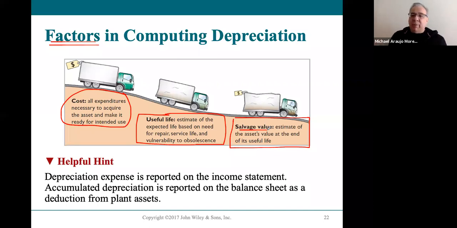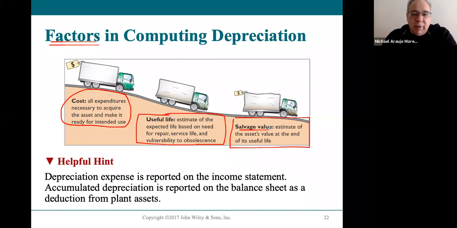The truck, for example, will have some type of salvage value. You know that because there's a lot of former police cars that are being driven by people. People will buy a former police car and drive it around as their personal car after the police are done driving it into the ground. So clearly that asset had some type of residual value or salvage value once the police were done with it for that period of time. So they have to mark that down.